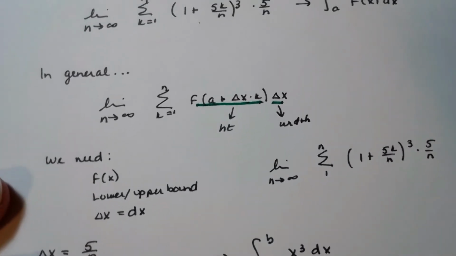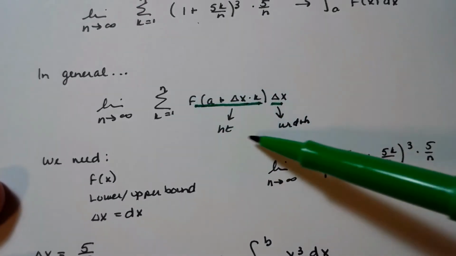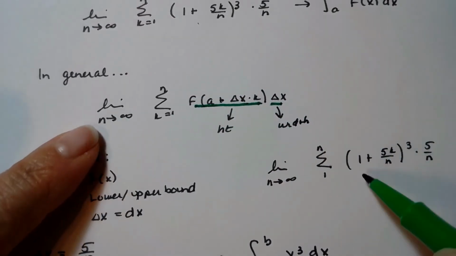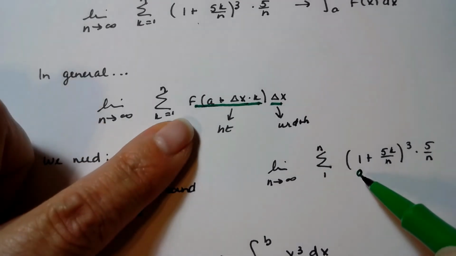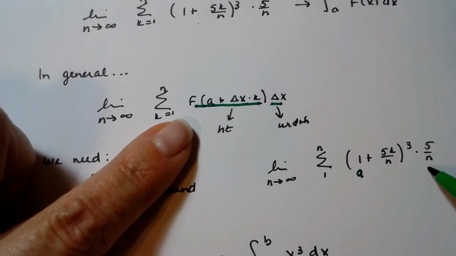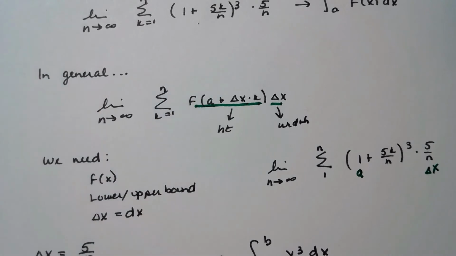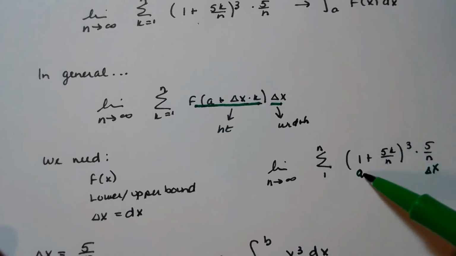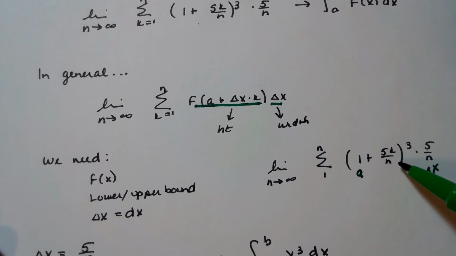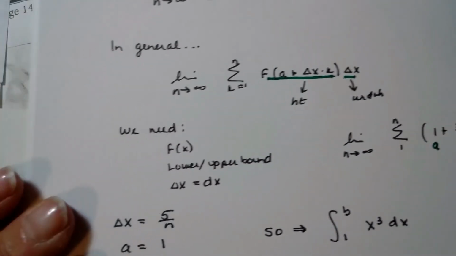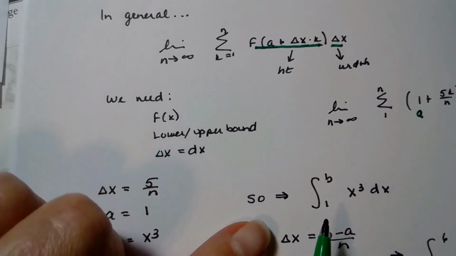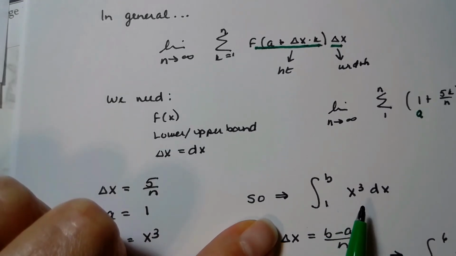Now if I compare it to this general formula, I know that my a is 1, and I know that my delta x is 5 over n. So I know the lower bound of my limits of integration is 1. I know my function also is x cubed. This whole thing would be my x cubed. So that being said, I know this so far.